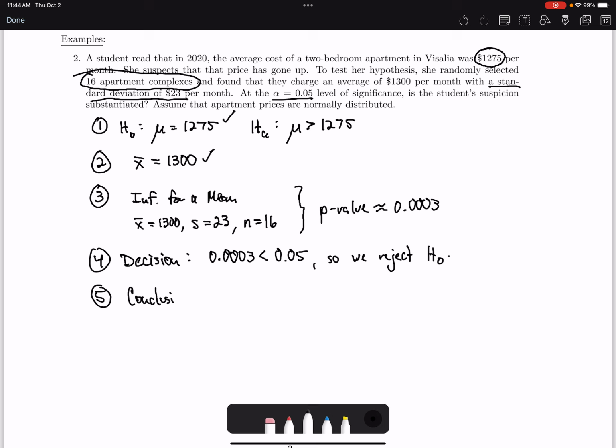Finally, we can write out a conclusion. The conclusion addresses the original claim. It's a statement about what our decision means for the alternative hypothesis. If we are rejecting the null, which we are in this case, then that means we have sufficient evidence to support the alternative.